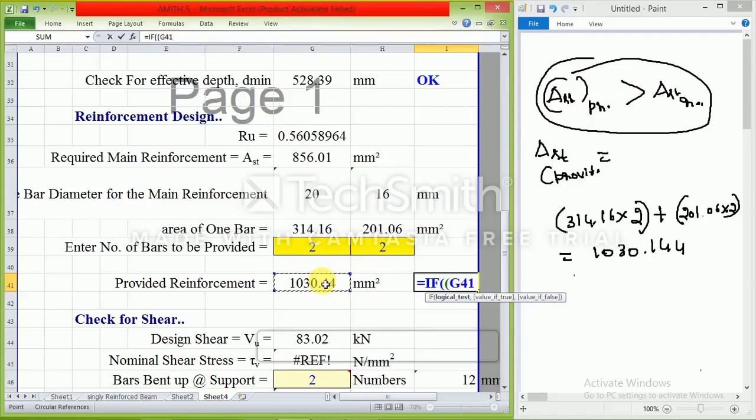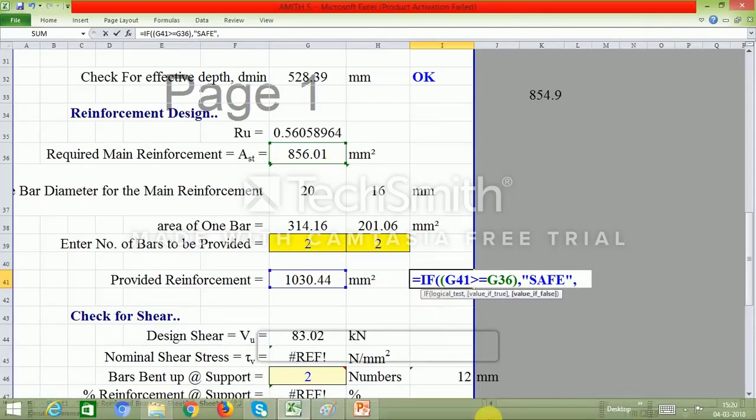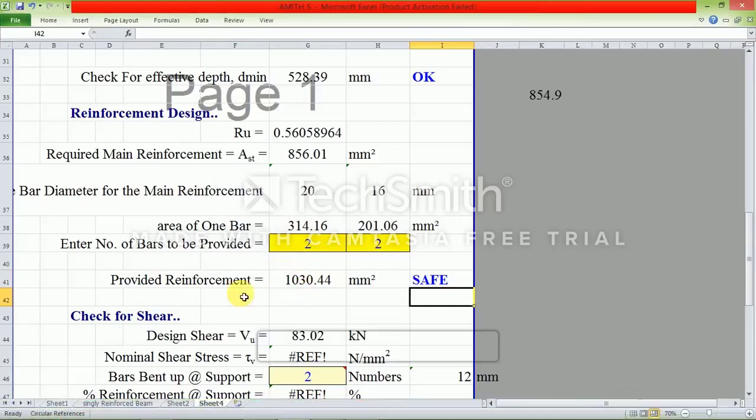AST provided should be greater than or equal to AST required. Press a comma, it will show safe; if the condition doesn't satisfy, it should show unsafe. See, the condition is safe because provided is more than required.